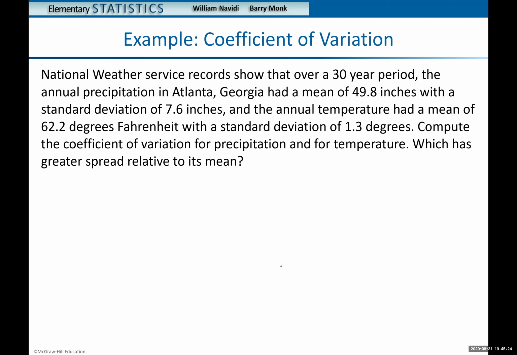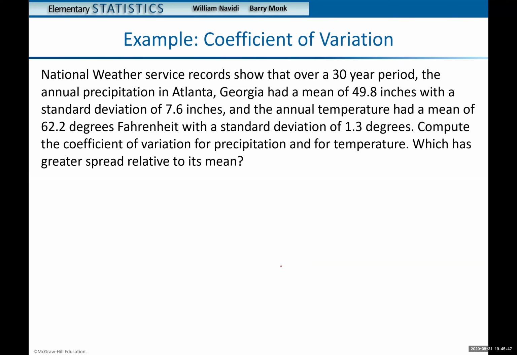An example here: the National Weather Service records showed that over a 30-year period, the annual precipitation in Atlanta, Georgia had a mean of 49.8 inches with a standard deviation of 7.6. And the annual temperature had a mean of 62.2 degrees Fahrenheit with a standard deviation of 1.3.